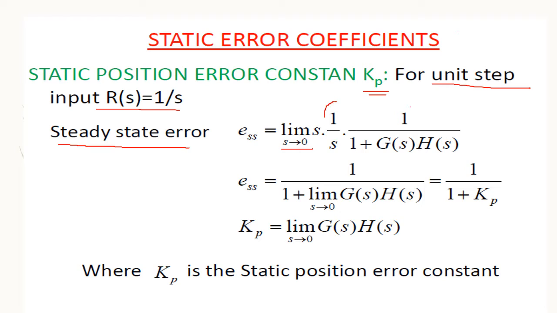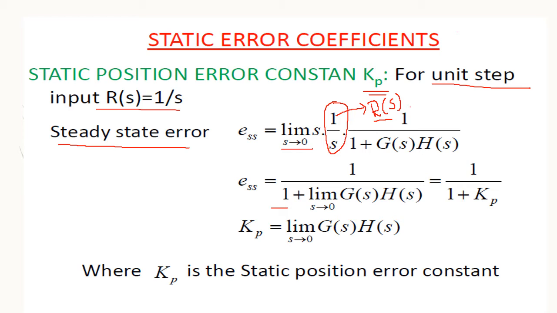Now here, what is this 1 by s? 1 by s is the input, that is R(s). So in the formula we had R(s) divided by 1 plus G(s) into H(s). Since we are using a unit step, R(s) is 1 by s. If I further solve this, I get ESS is equal to 1 divided by 1 plus limit s tends to 0 of G(s) into H(s).